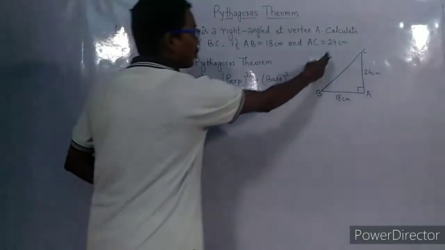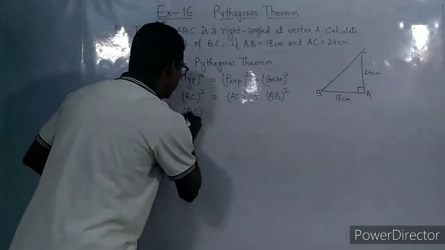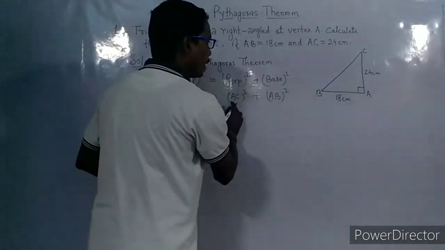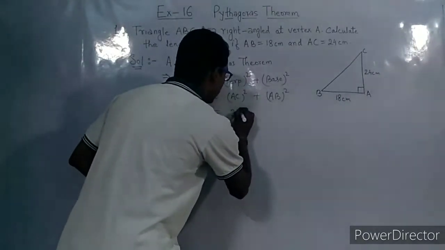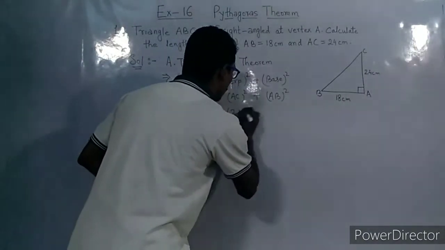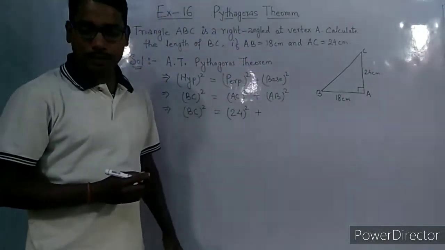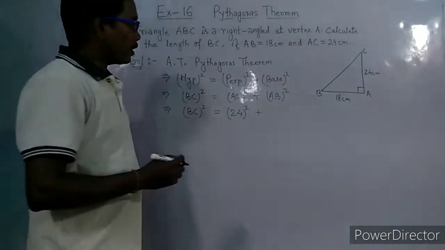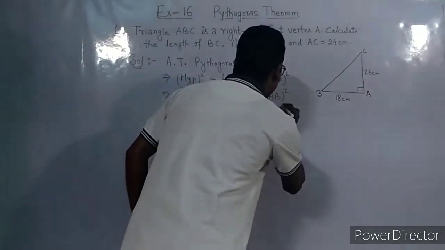BC is not given, we have to find this length BC. So BC square equal to AC square, AC is given, AC is 24. So we will write 24 square plus AB is 18 centimeter, so 18 square.